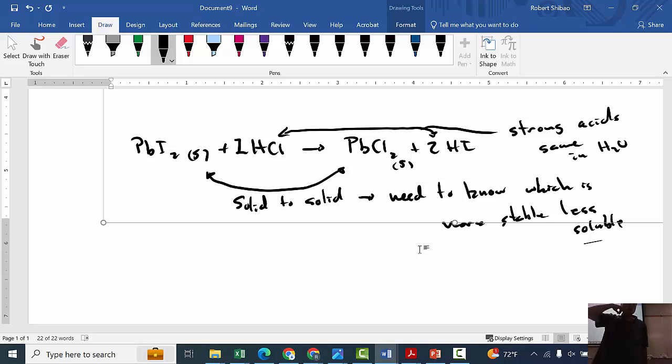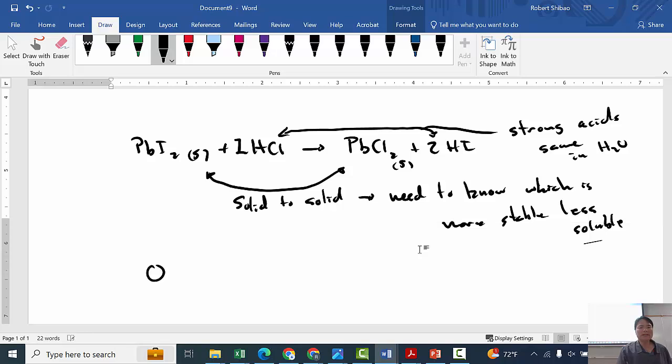Now, what we could try to do is analyze this. The lead-2 plus is going to be the same size. But which one is bigger, iodide or chloride? Iodide is bigger. Chloride is smaller.